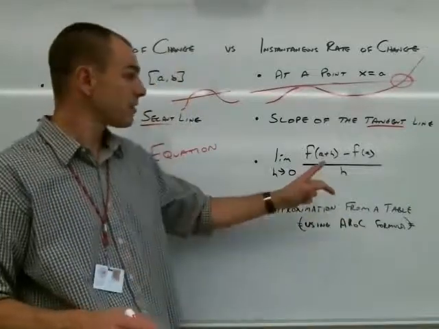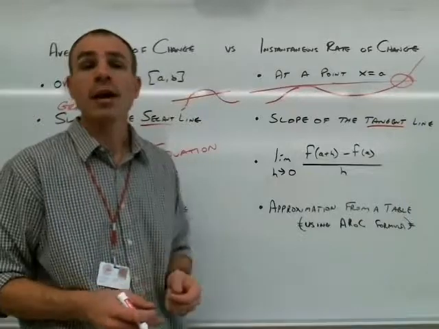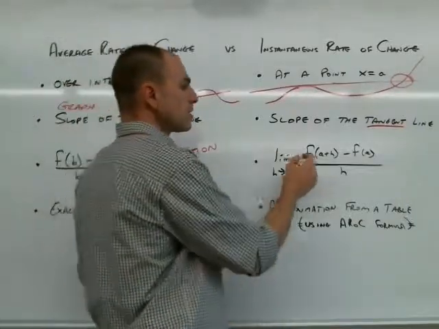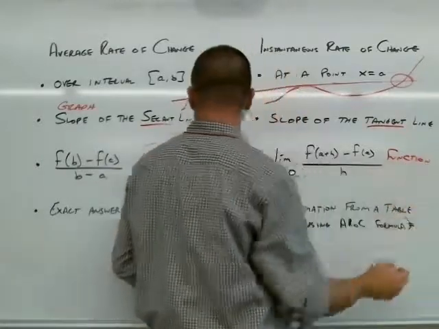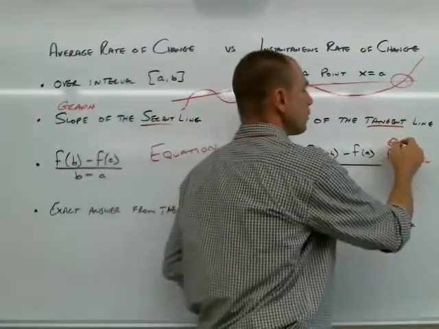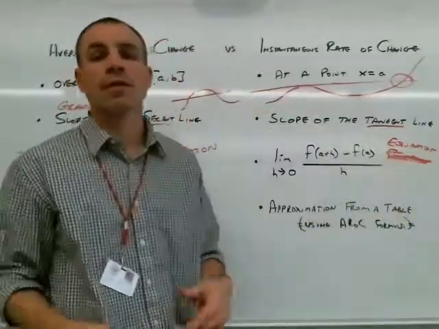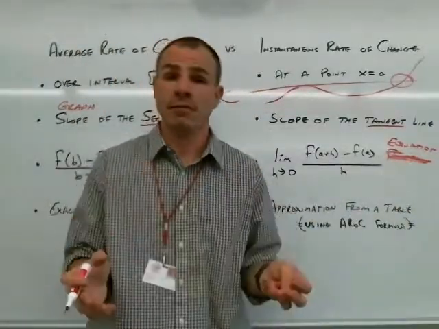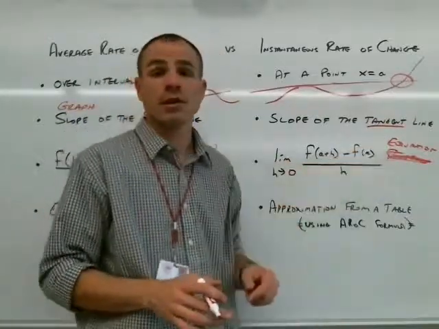I know in your notes there are x's here and here. Just turn them into a's, please. It should have been a. It's a typo on my part. So again, this is the instantaneous rate of change when you're given an equation. You don't use it on a graph. You don't use it in a table. You just use this when you're dealing with an equation.